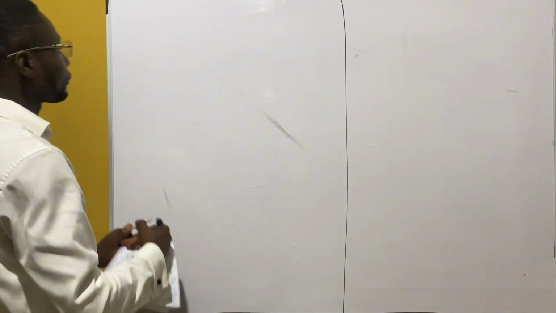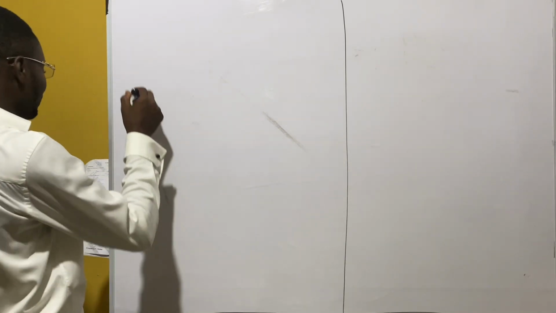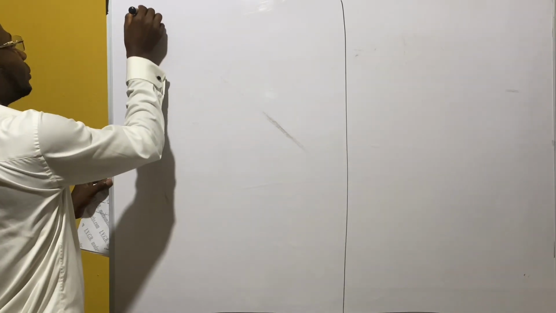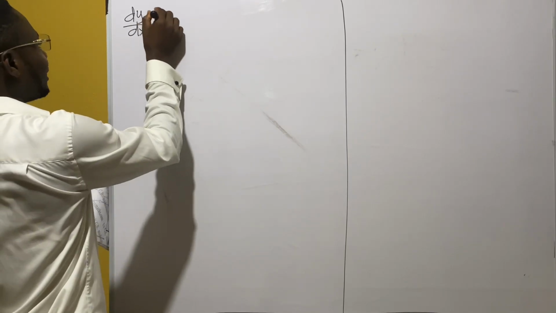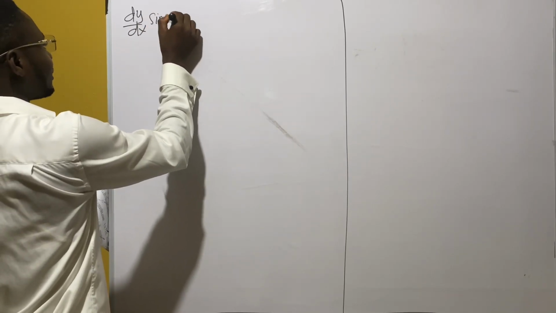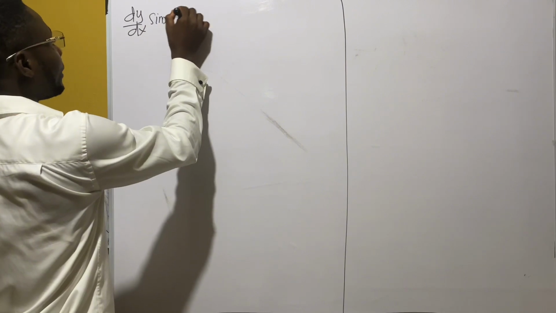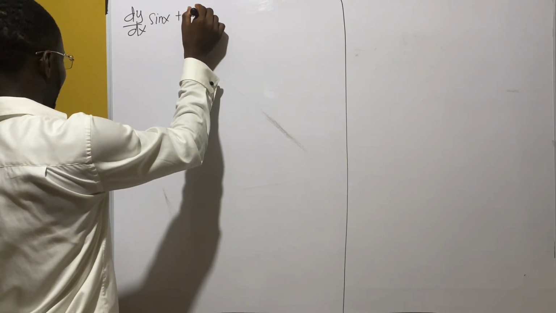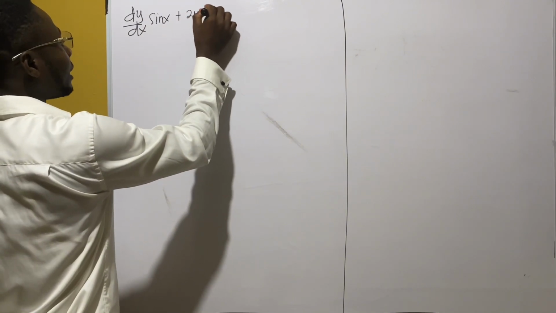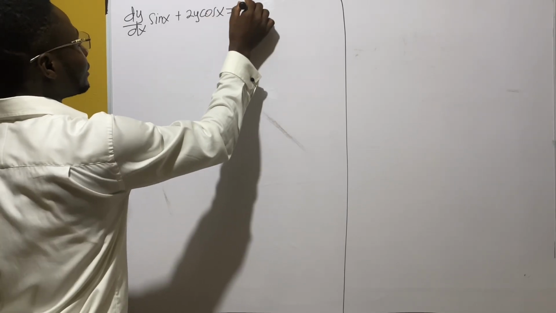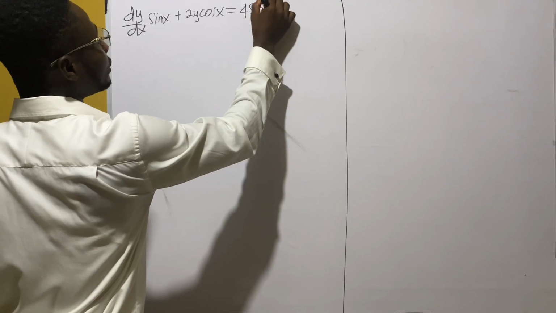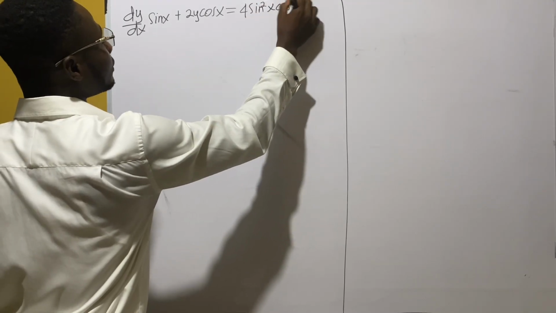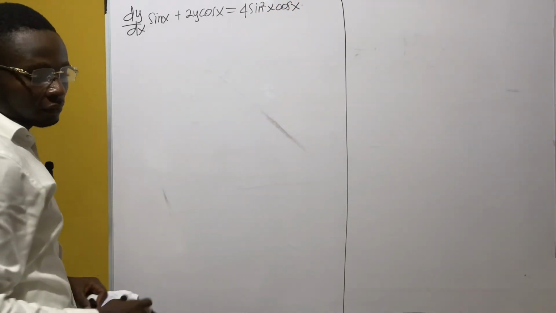The problem we have here is dy/dx sine x plus 2y cos x, and that is equal to 4 sine squared x cos x.